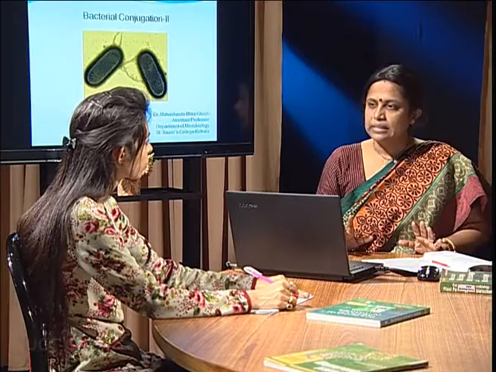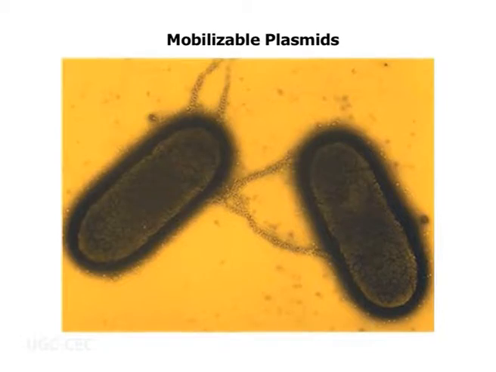Basically, a self-transmissible plasmid comprises the MPF locus and the DTR components. On the other hand, a mobilizable plasmid contains the DTR components only. It is devoid of the MPF locus, so the mating bridge formation genes are absent in a mobilizable plasmid.